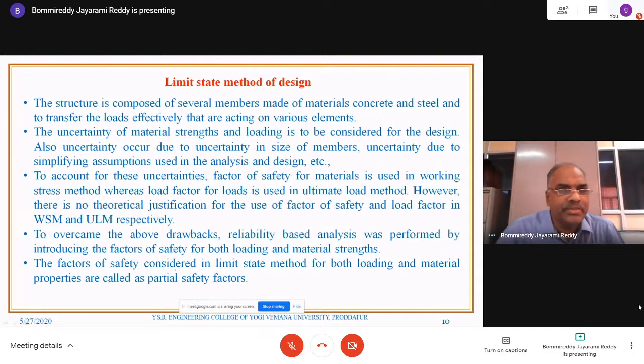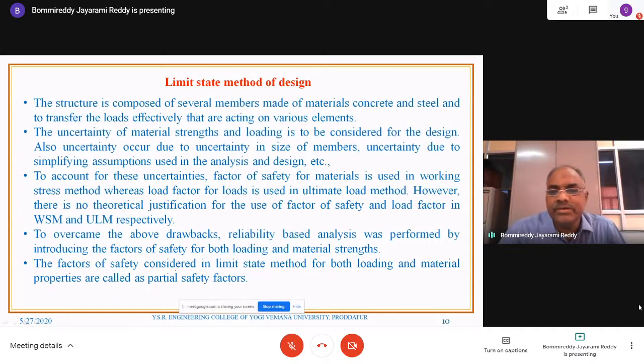The loads must transfer from superstructure to substructure and from substructure to the soil underneath without any difficulty, and at every stage each and every element in a structure, or the structure as a whole, must be safe, and it should serve its intended purpose.